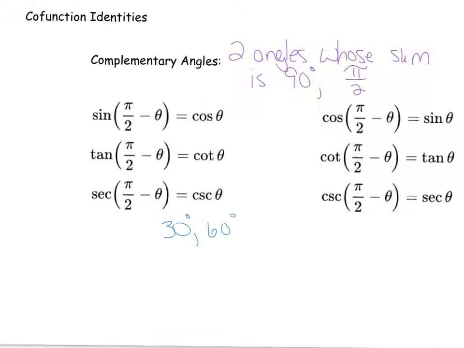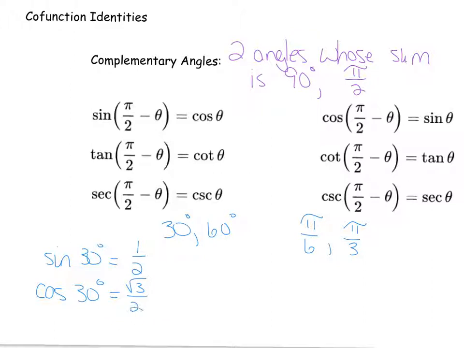30 degrees and 60 degrees. Okay, that's probably the easiest one to show this with, or in radians, that's what, pi over 6 and pi over 3. The sine of 30 degrees is 1/2, and the cosine of 30 degrees is √3/2.